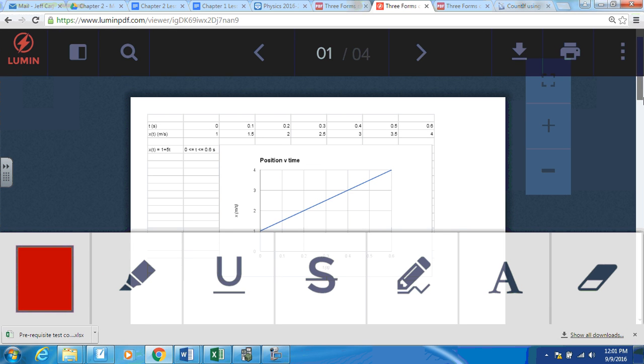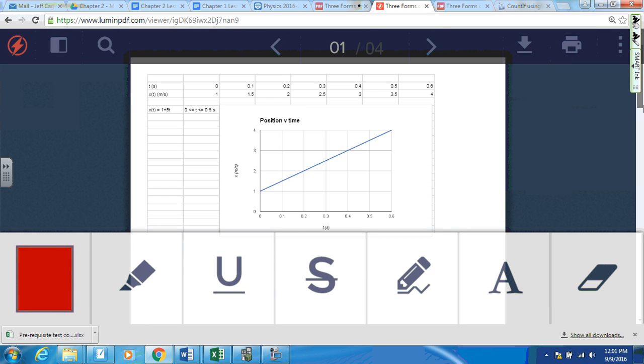Now, what you have here is some information that is given to you about position and time, and it's given to us in 3 different forms. So our goal here is to understand those 3 forms, how to read them, and how to convert one form to another form if it's going to be useful for problem solving.